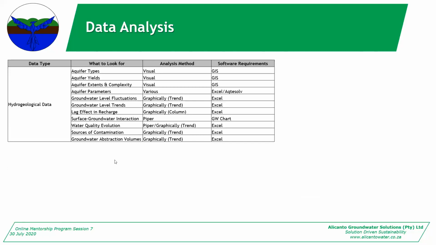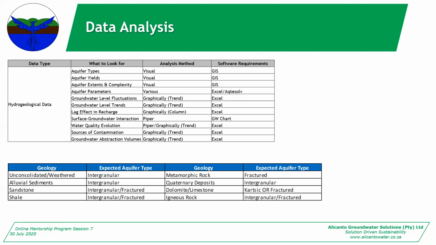Okay. So now the important one, your hydrogeological data, your aquifer types, aquifer yields, and your aquifer extents and complexity, you'll get from your maps, your databases, your WR 2012, your hydrogeological maps, even your geological maps.